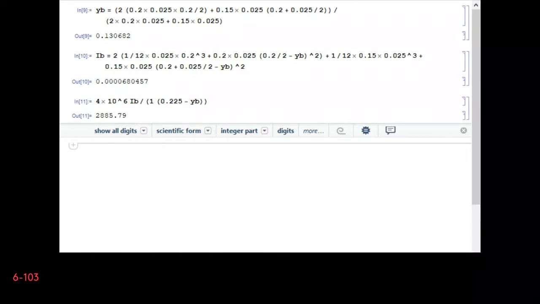So from here we find the value 2885.79 newtons, but we need to calculate the compressive one as well.